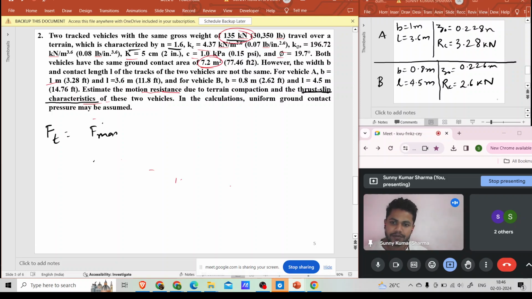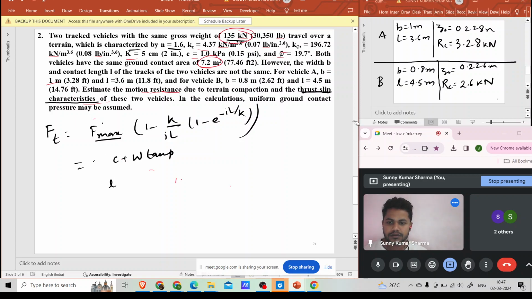Maximum thrust generated is equal to (1 minus K by i L into (1 minus e to the power minus i L by K)), and this maximum thrust generated is (A c plus W tan phi). And this A is nothing but the area, which is B into L. So this is B L c plus W tan phi.